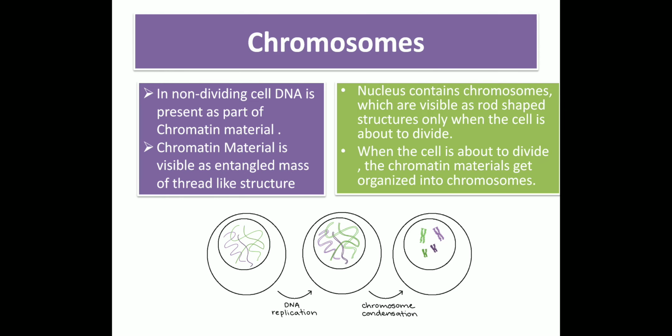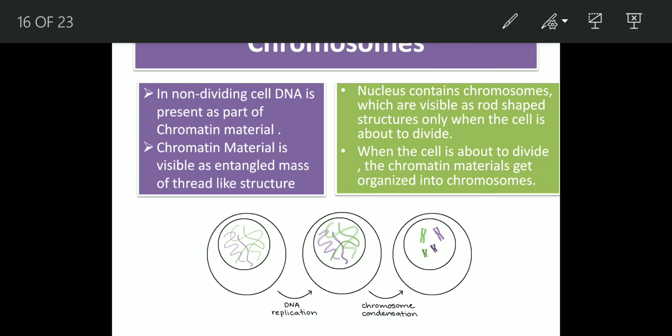In non-dividing cells, the DNA is present as chromatin. This is chromatin: entangled, thread-like structures. But during cell division or replication, the chromatin arranges in such a way as to form chromosomes.